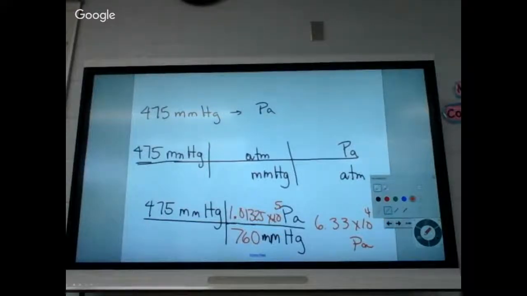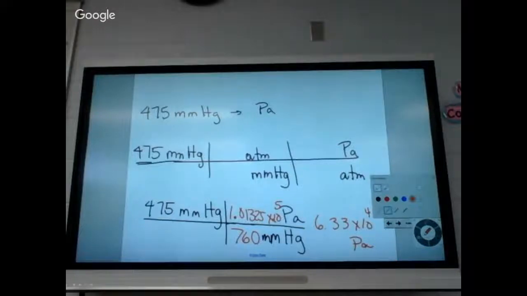After you have that, if you put it in scientific, you just messed it up when you changed it.